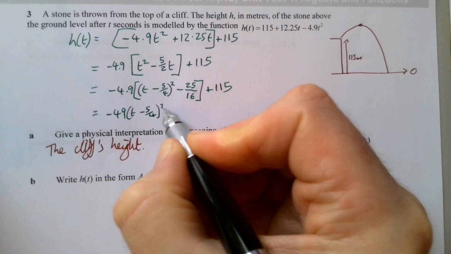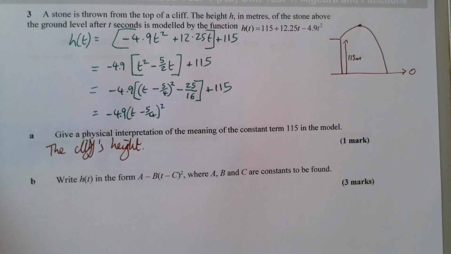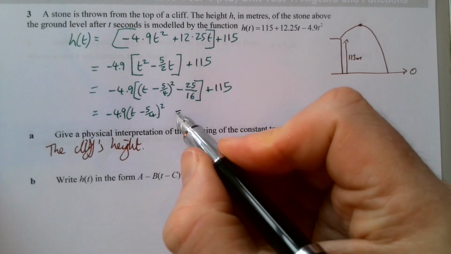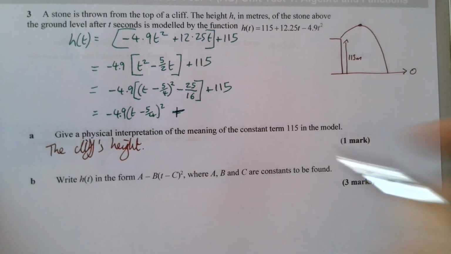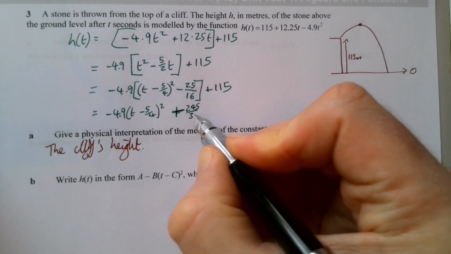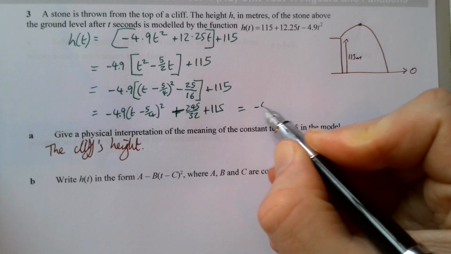So then if we remove the square bracket, in doing that, we need to multiply negative 4.9 by negative 25 over 16. And you can use your calculator to do that, obviously. And that gives us 245 over 32 plus 115, and then rewrite that again.